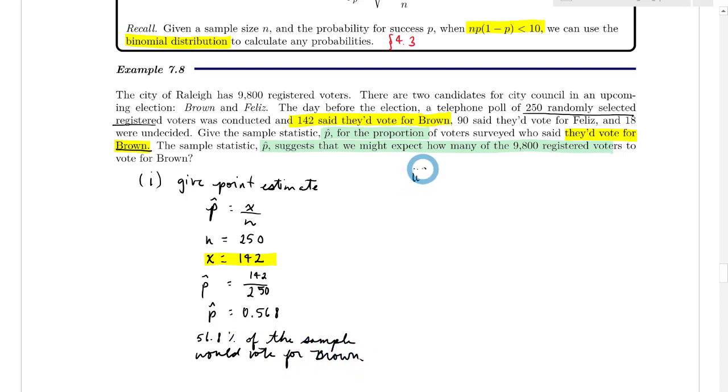Okay, the second piece they want us to discuss is how many of the voters we might expect.